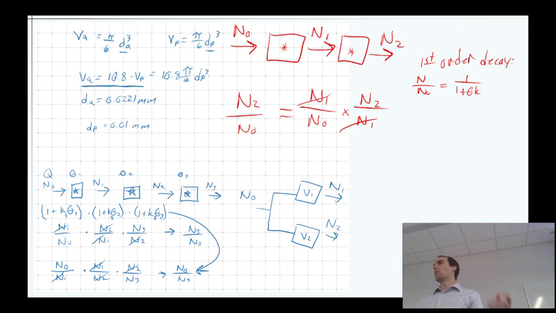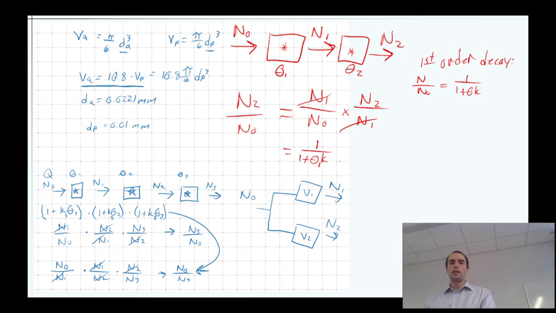We talked about that before. That's our derivation if we're solving for the fraction remaining of N. So we could put that in here, and let's say we have a theta 1 here and a theta 2. So we could say that's equal to 1 over 1 plus theta 1.